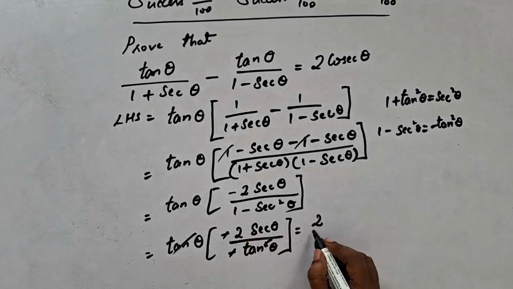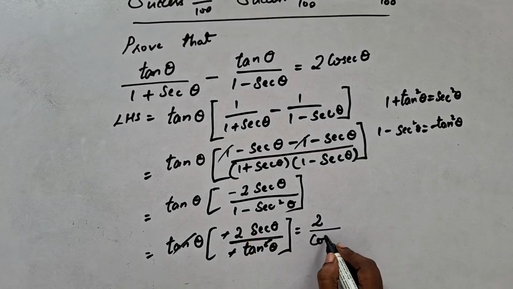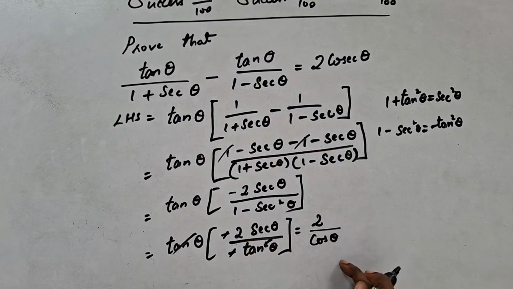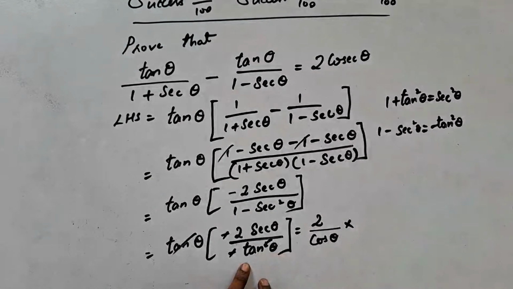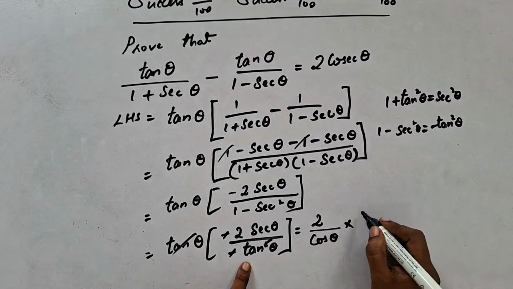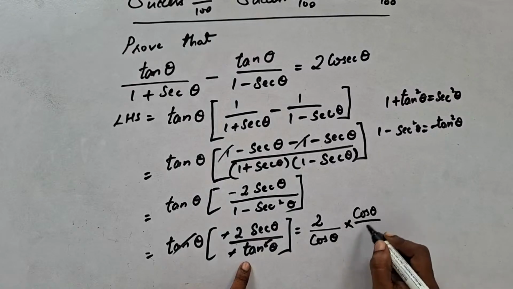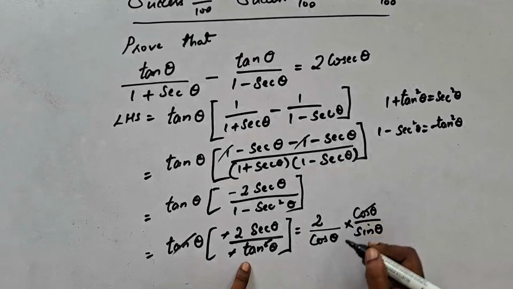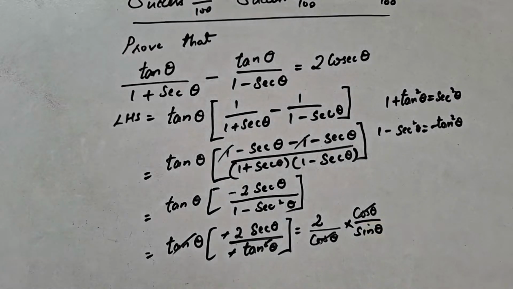Secant theta can be written as 1 by cos theta. Therefore, 2 by cos theta, and tan theta is sin by cos. When I take it to the multiplication, it becomes reciprocal. Tan is sin by cos, so I have cos by sin theta. Cos theta gets cancelled.